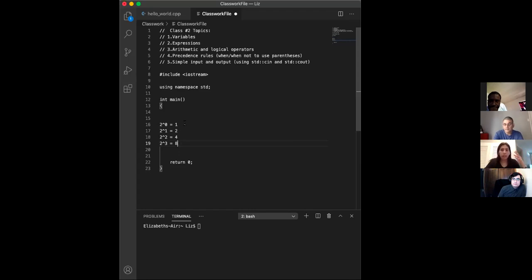But in binary, the places hold not 1, 10, and 100. They'll hold 1, 2, 4, 8. So if you wanted to represent the number 3 in binary, in the ones place we have 1, and in the twos place we have 1.